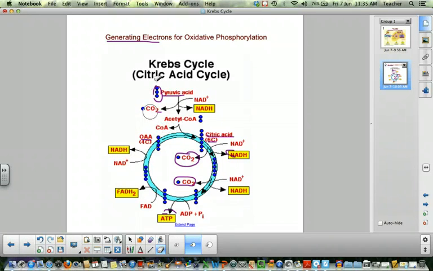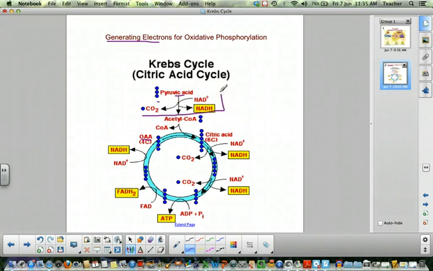Everything coming out is essentially a product, okay, with these arrows, what I mean by coming out and going in. Okay, so forget about this part, because it's technically not part of the Krebs cycle, okay, it's a precursor. Make sure you write notes about it, that this change happens, but it's technically not part of the Krebs cycle, okay?